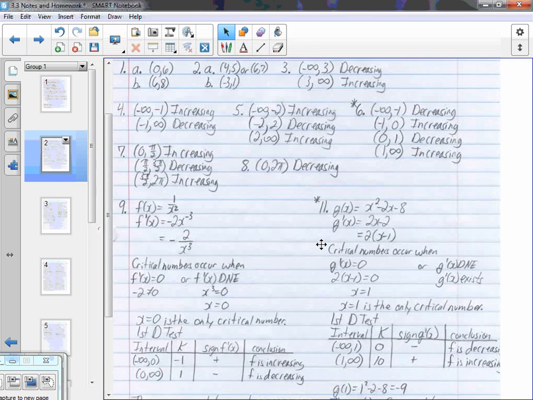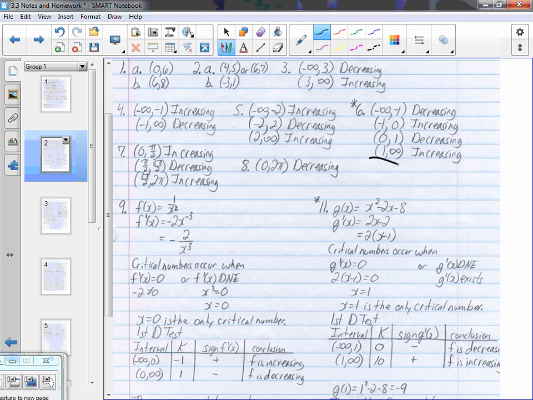All right, on number 8, you'll have to look in your book to get the graph. But they give us a graph, and they say to identify the open intervals in which the function is increasing or decreasing. Well, the graph looks something like that. That's a really bad drawing. But there was the y-axis, there was the x-axis, something like that.